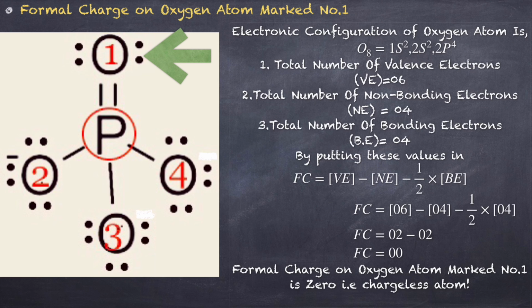By putting these values into the formula, Fc equals Ve minus Ne minus 1/2 into Be. So here Fc will be equal to 6 minus 4 minus 1/2 into 4. After the calculation, it is found to be Fc equals 2 minus 2. Therefore, Fc, that is formal charge, equals 0. Therefore, the formal charge on the oxygen atom, which is marked number 1, is 0.